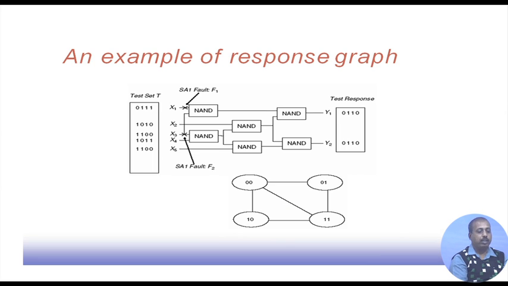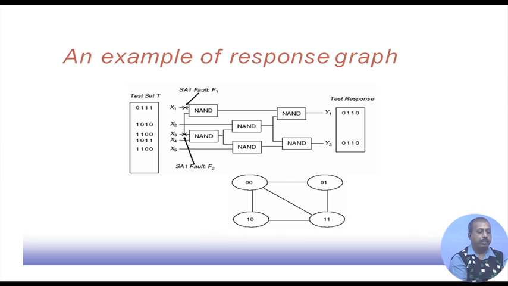Now, in this particular case, of course, it is not very important, because this original circuit has 2 outputs, and I am telling that I will have a compactor with 4 outputs, so it is not acceptable. But in general, if the number of outputs is large, then we can construct this graph, and taking help of that theorem, we can come to a network which will give us space compaction without aliasing.